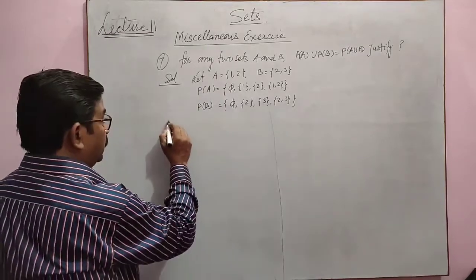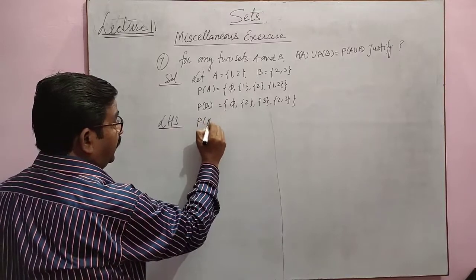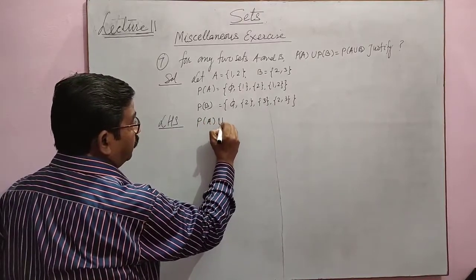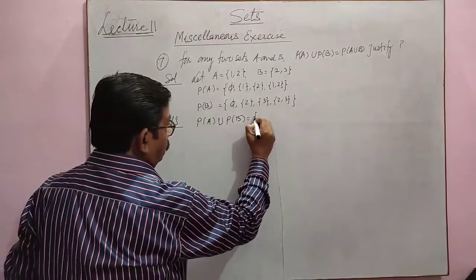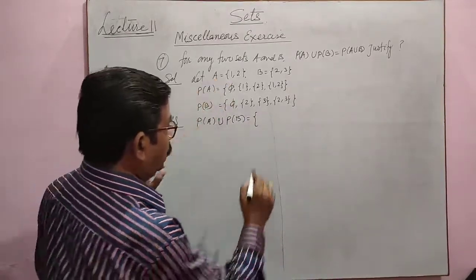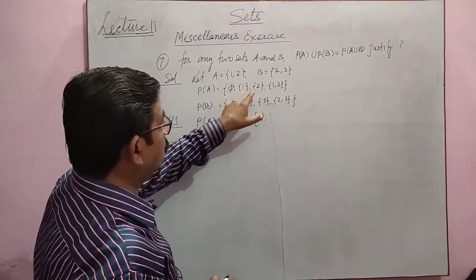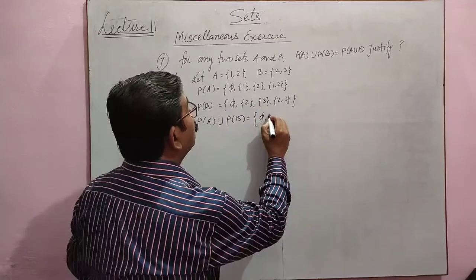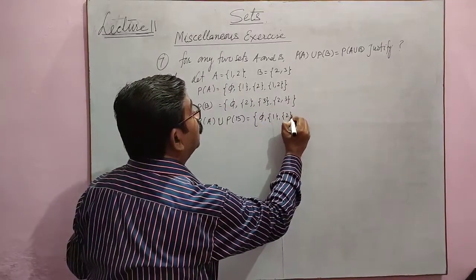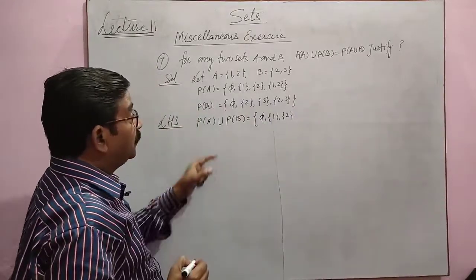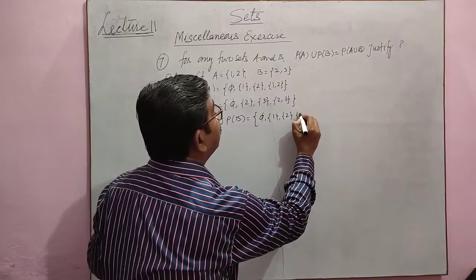This is the left hand side. The empty set is in both, so the first one is the empty set. {1} and {2}: {2} is common in these two, so we write it once. {3} is a new one, so we can write {3}.